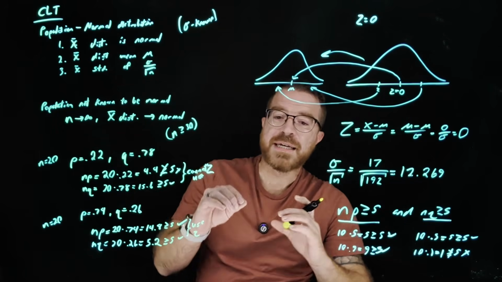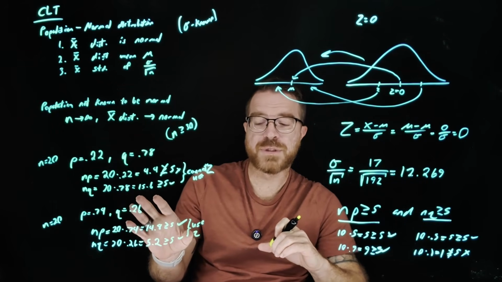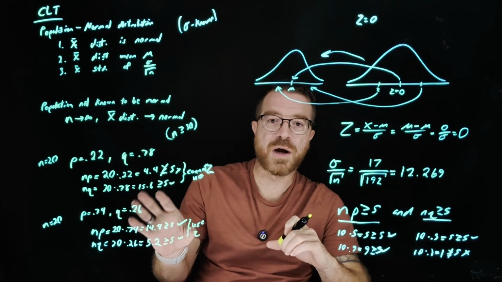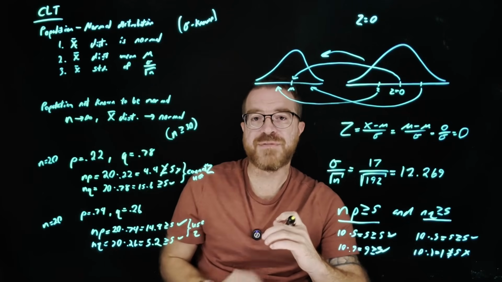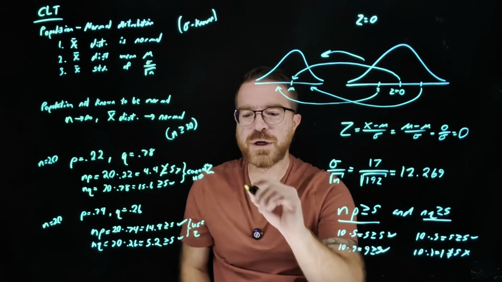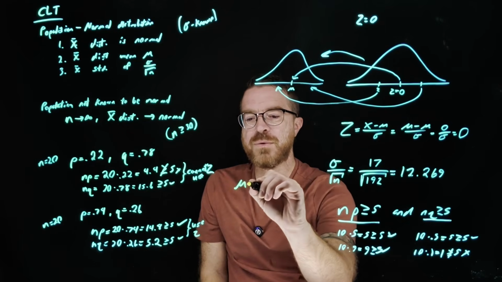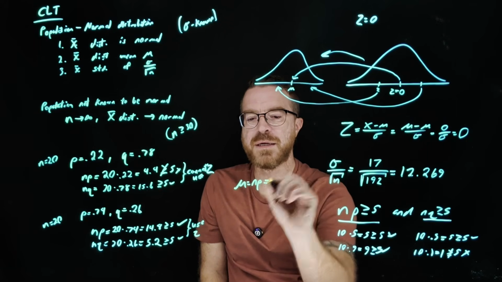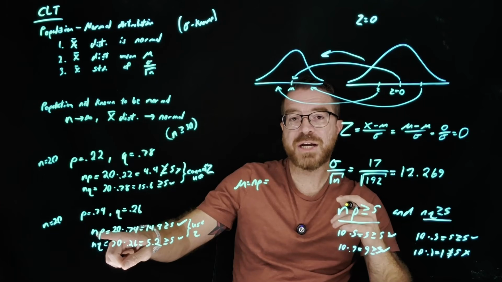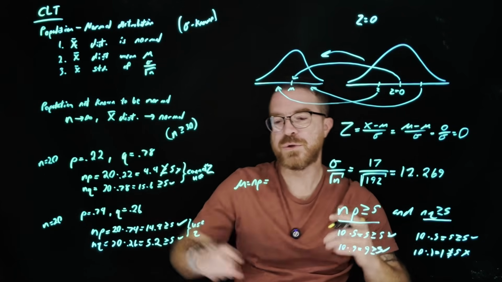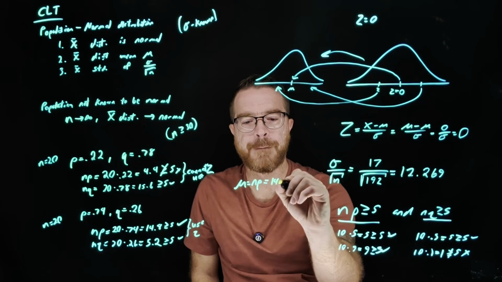So this question says, if it does allow us to use the normal distribution to approximate our binomial, we need to then find our mean and our standard deviation. So to find the mean, we're going to use the fact that mu equals n times p. Well, we've already actually found that, because when we were checking our assumptions, we already checked np, and we know that this is going to be equal to 14.8.